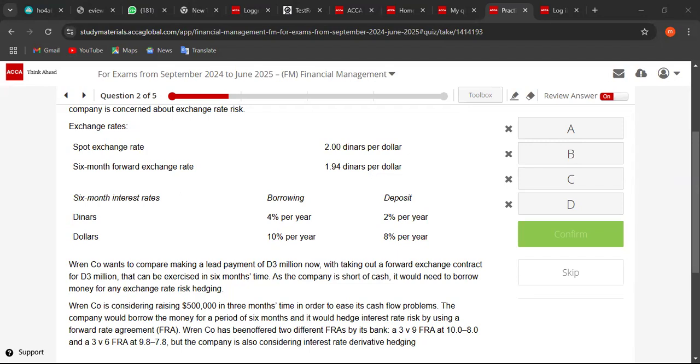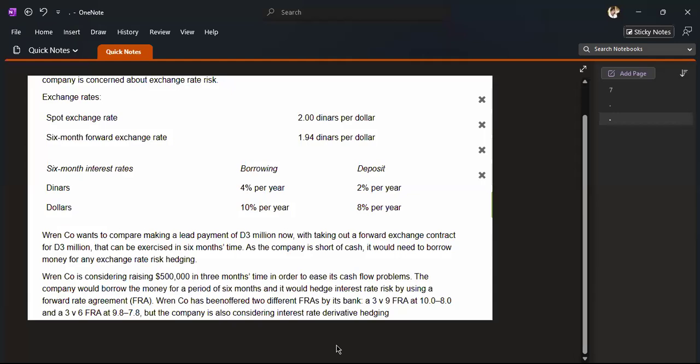This is the question. Now see what is happening. Can you see this note? Tell me, guys. Can you see the note?